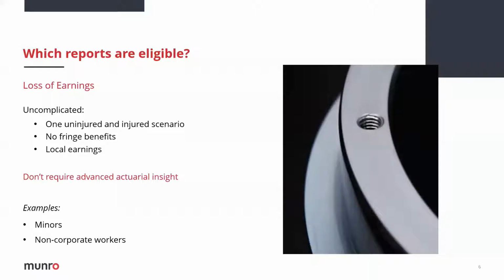So that is a total package figure. There's no benefits added on top of that. So that is perfect for this tool. Another example is non-corporate workers, for example, semi-skilled or unskilled workers where they have fewer benefits or no benefits on top of their basic. So those are the reports which are generally eligible for an actuarial calculation.